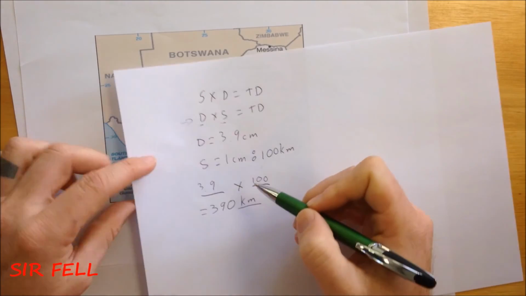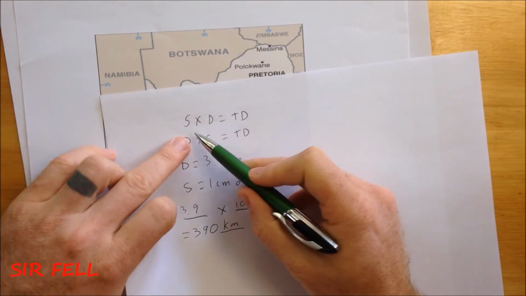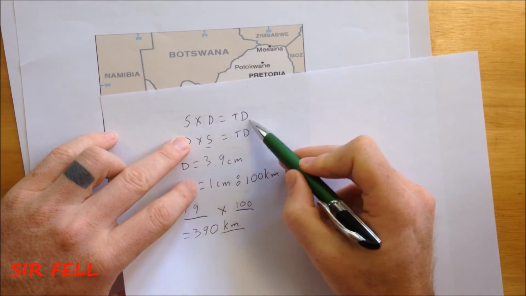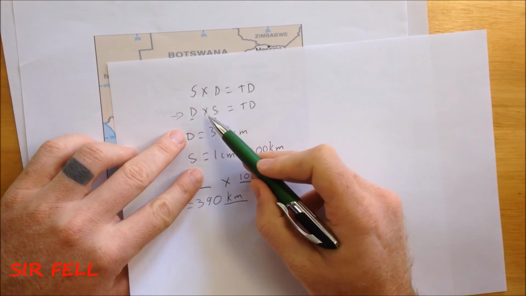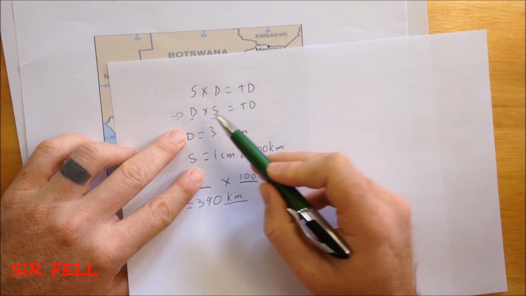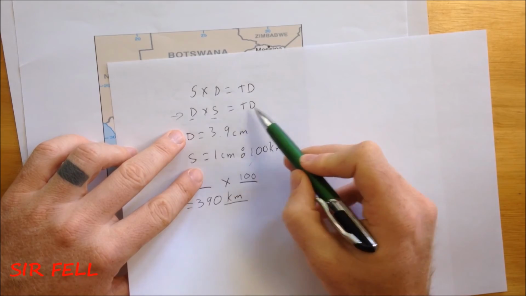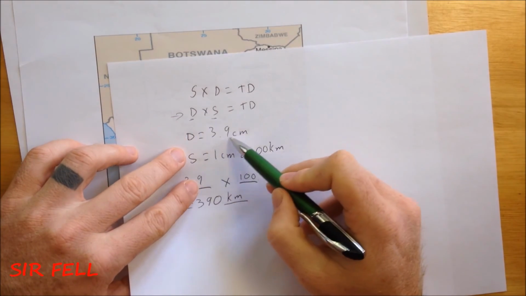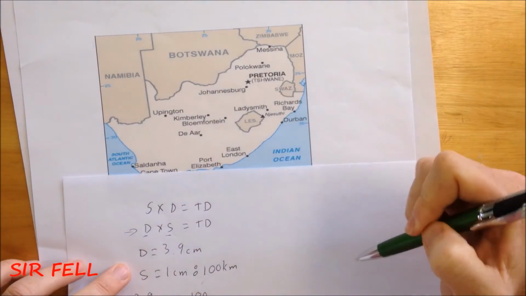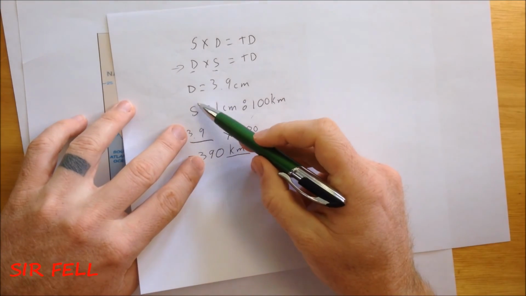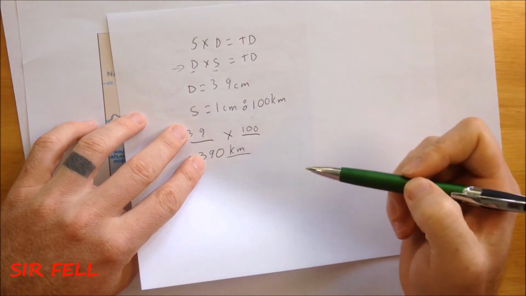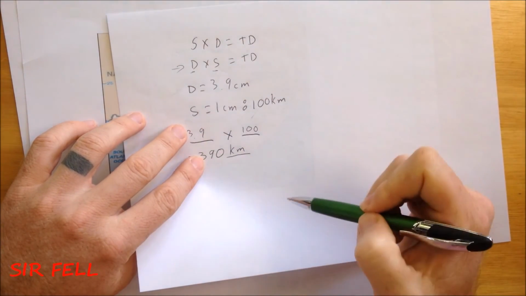Just to summarize again, the formula you're going to use is scale times distance equals true distance, or distance times scale equals true distance. Remember, don't get an STD. Measure the distance on the map, then work out what the scale is. If the scale is given to you as a ratio, you can already write the ratio.